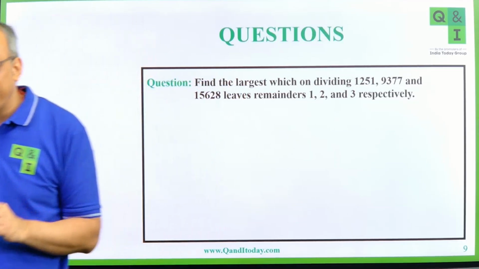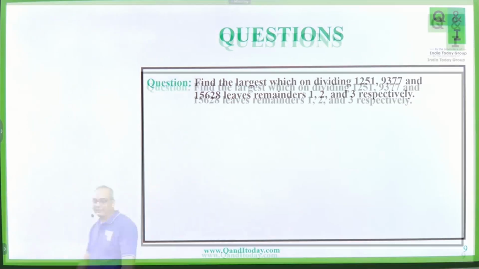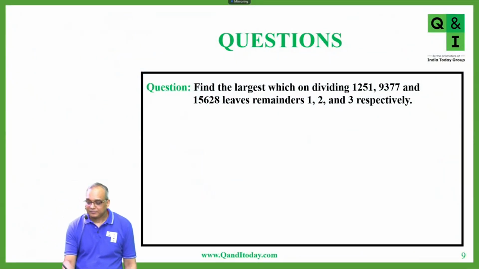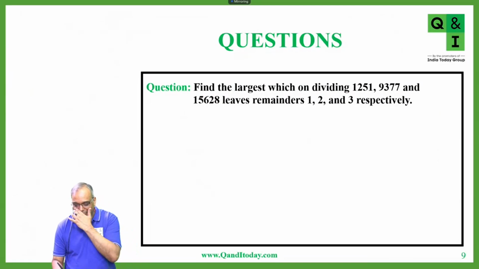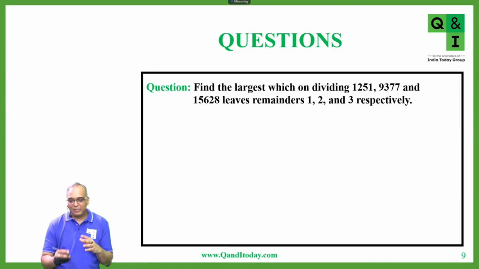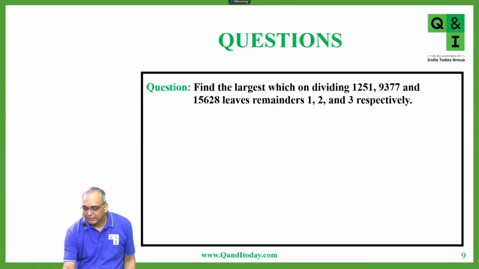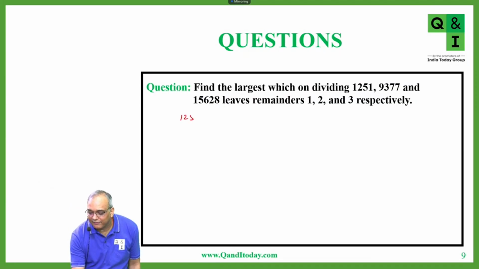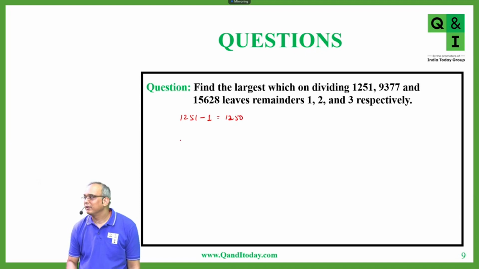So let us start the question. So first of all, what we'll do, we'll find a number which is exactly divisible by that number. So 1251 minus 1, we will get 1250, right?